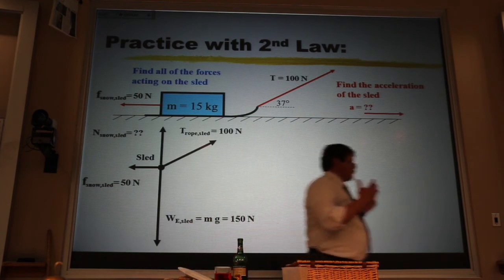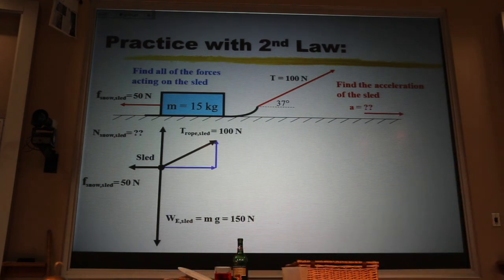So I have to break it up into its components. It's 37 degrees, a 3, 4, 5 triangle, so that's 3 times 20, 4 times 20, 5 times 20, or 60 and 80. Now folks, once you break up a force into its components, throw away the original. Use the components.